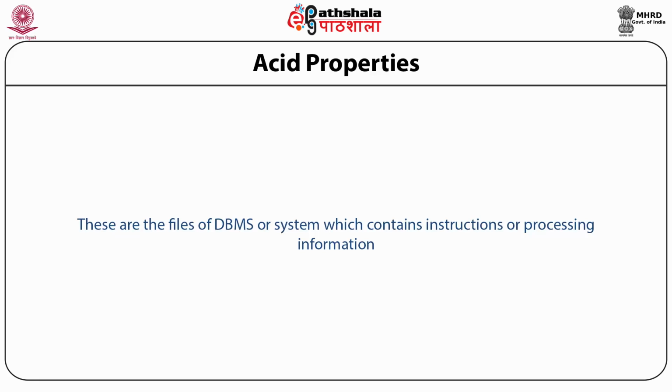Say, for example, you want to add a record. The instruction or the way a record has to be added in the database is written as a program and it is stored in a program file. So any kind of data manipulation or data processing activity is governed by program files of a database management system.